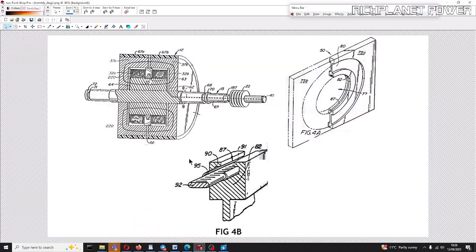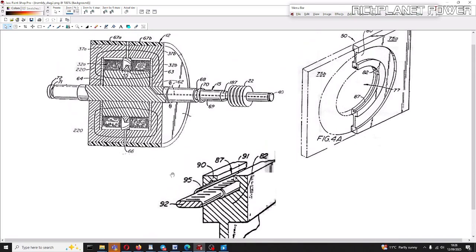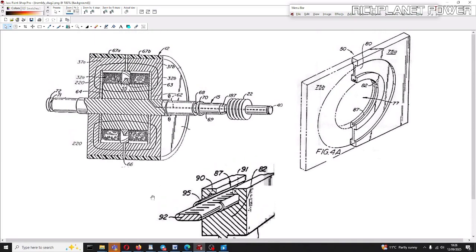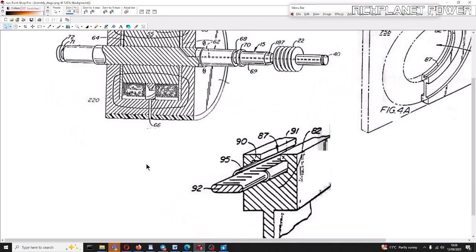Now, turning to Adam Trombley's machine, he too realized the critical importance of using liquid metal to be able to achieve a usable over unity machine. Okay, so I've picked out a few key drawings of Adam Trombley's patent, and I'm just going to try and explain it in layman's terms.